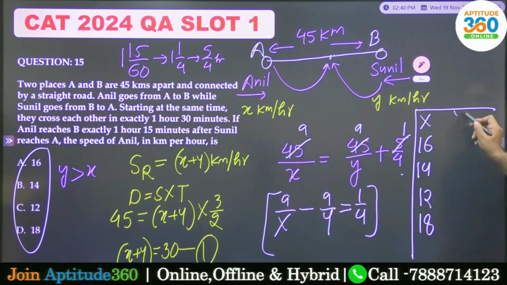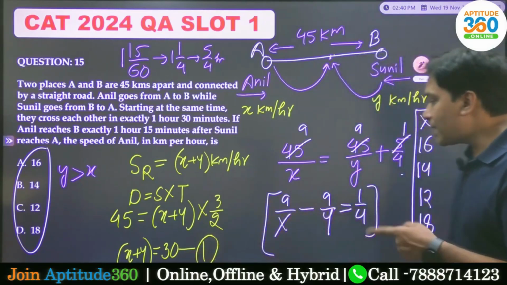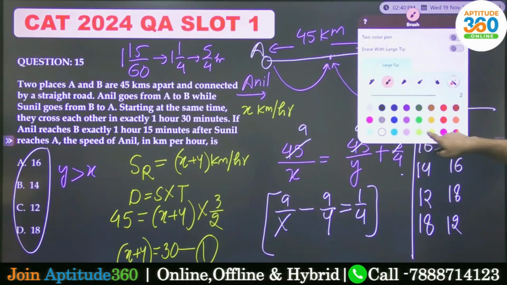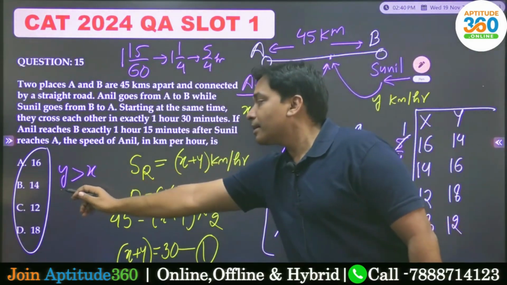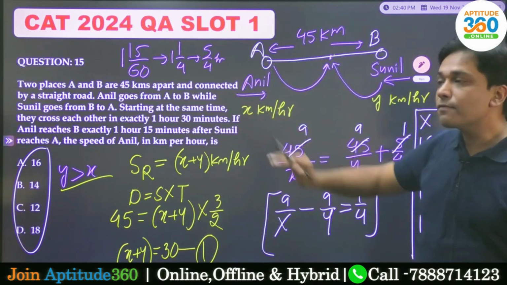Since the sum of these two values will have to be 30, that is what we have figured out. So if x is 16, y will have to be 14. In this case, it has to be 16 and then 18 and then 12. Now, since you know that y is bigger than x, speed of Sunil is bigger than speed of Anil.